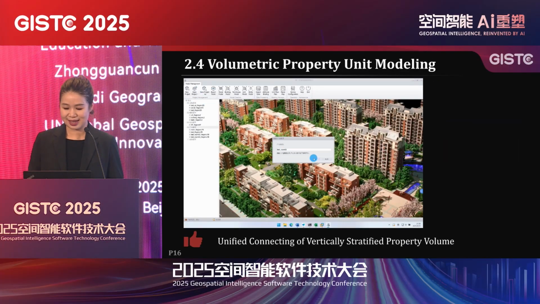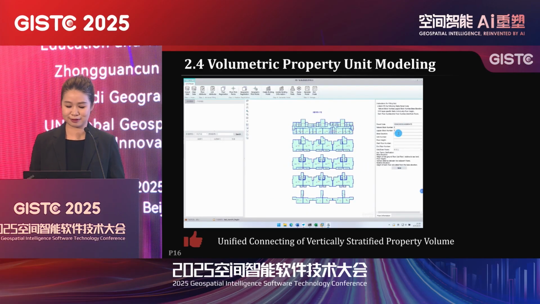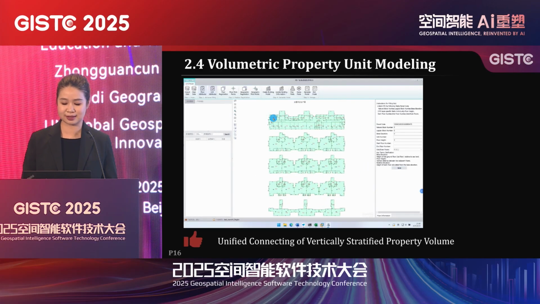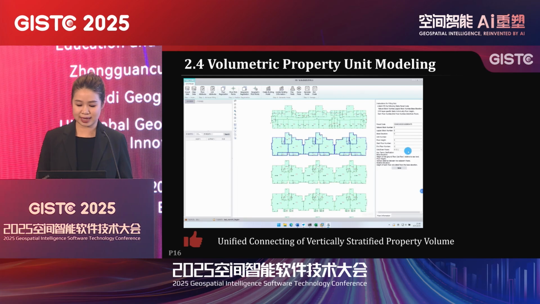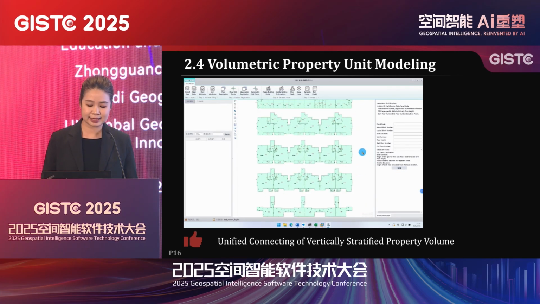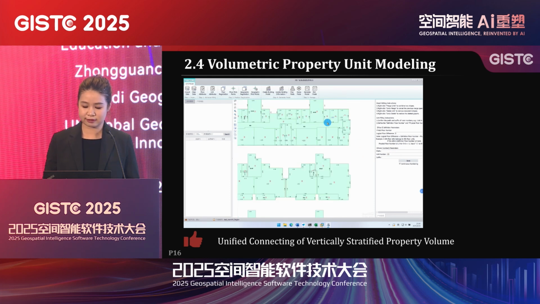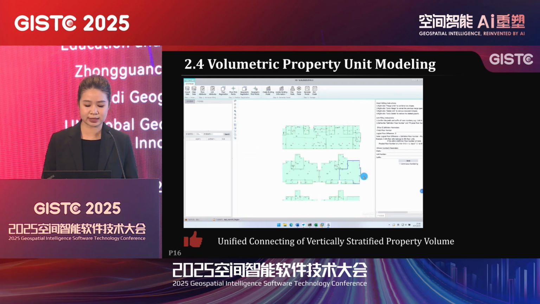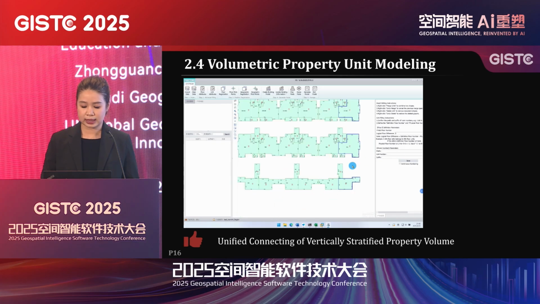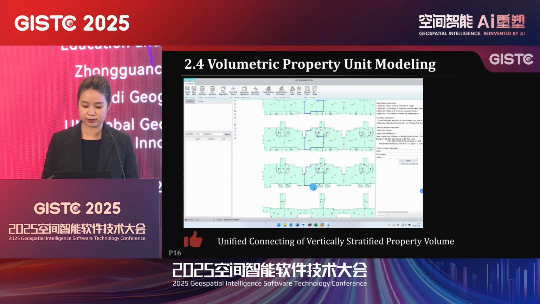Let's go fast. Building upon our 3D capabilities, SuperMap enables volumetric property unit modeling. This is critical for managing complex property rights in multi-story buildings and high-density urban areas. Our system supports a unified connection of vertically stratified property volumes, allowing comprehensive management at different levels.